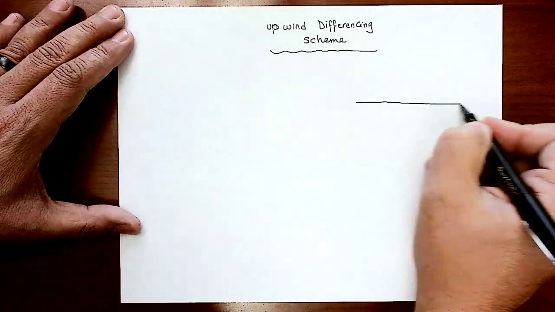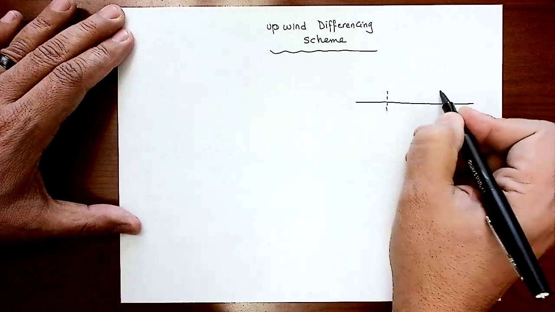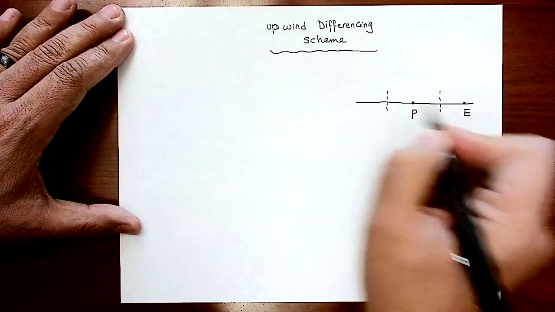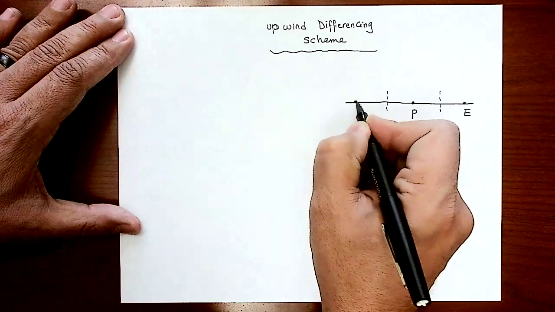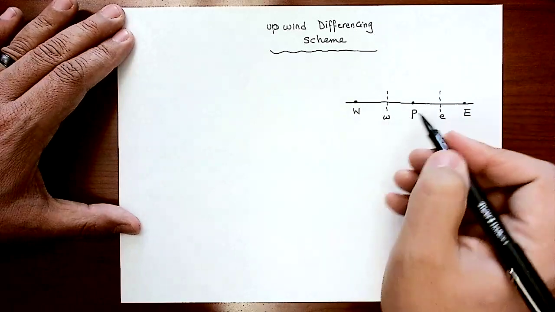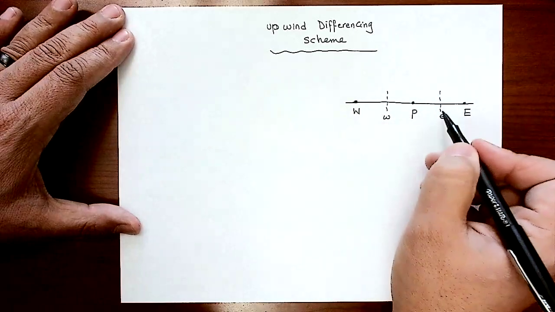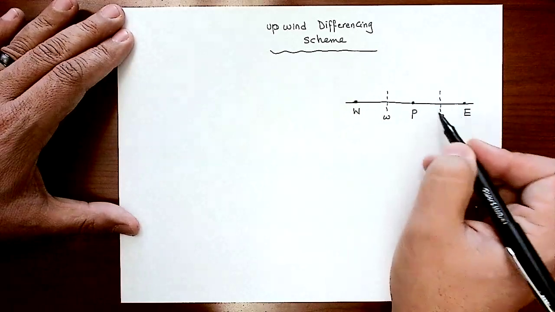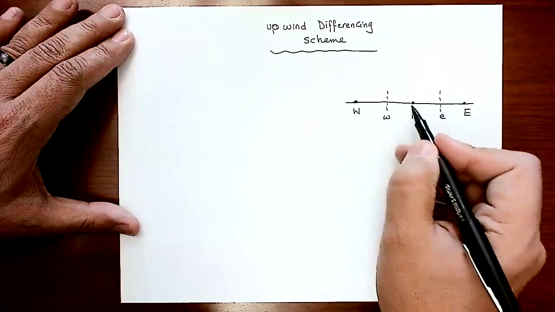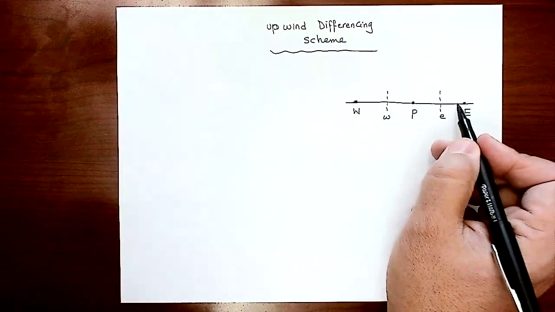So if I have the 3 neighbor cells, this is P, this is the east, and this is the west. Right? This is the east face, this is the west face. How to find the value of phi or the gradient of phi on both faces using the data at the central points?